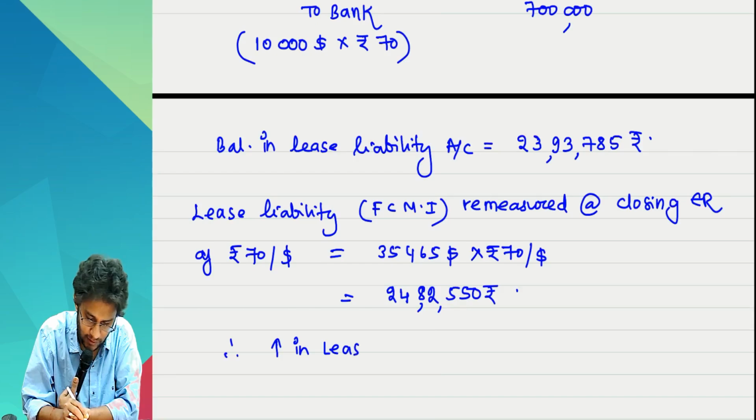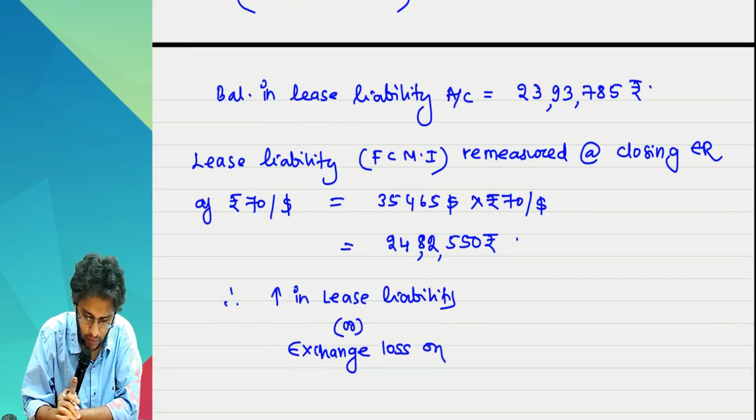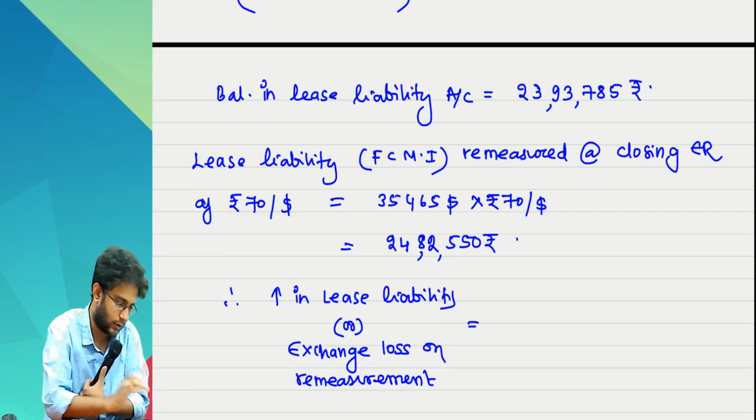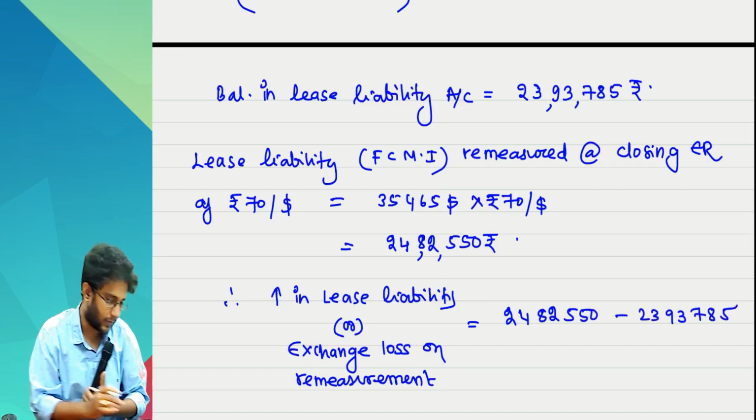Therefore, the increase in lease liability, or you can actually call it exchange loss on remeasurement, is equal to 24,82,550 minus 23,93,785.